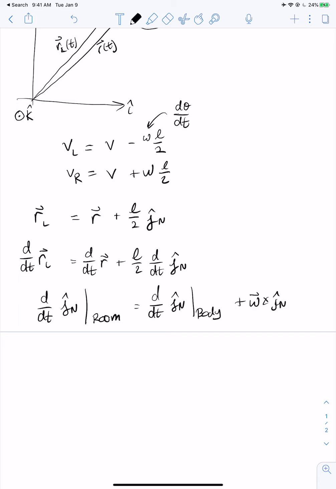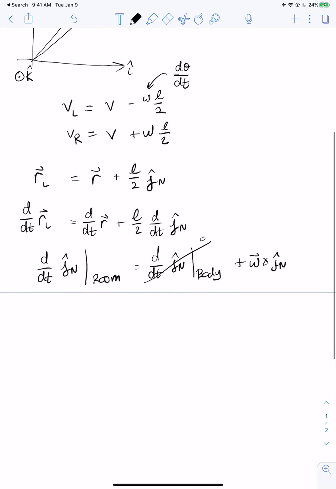Okay, and here omega is a proper angular velocity vector, right? Not just the scalar. Okay, and so, well, we know that with respect to the body coordinate system, j is fixed. It's not changing, so we can just zero that guy out. And then what we're left with is that the derivative is just going to be this part right here, omega cross j hat n. Okay, so I can go ahead and substitute that into my formula that I've been developing for the velocity of the left wheel as follows.